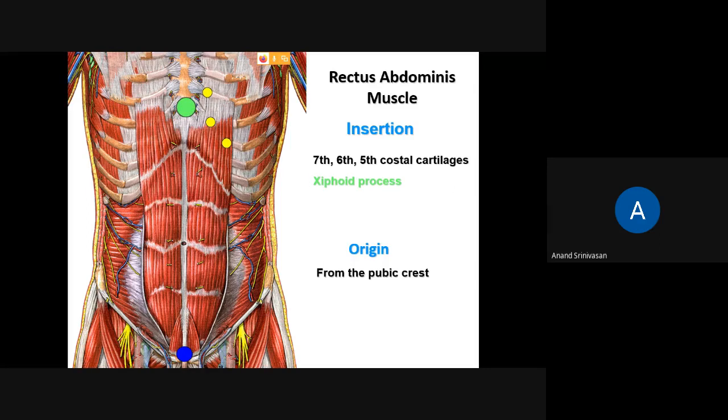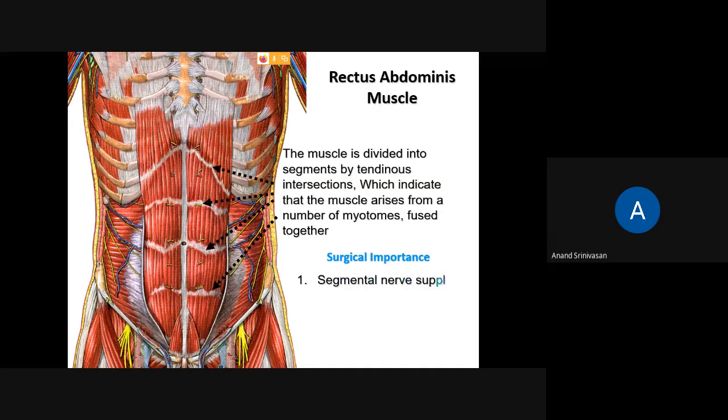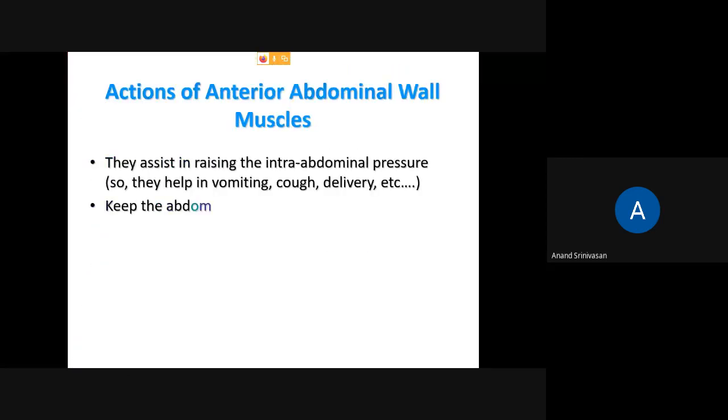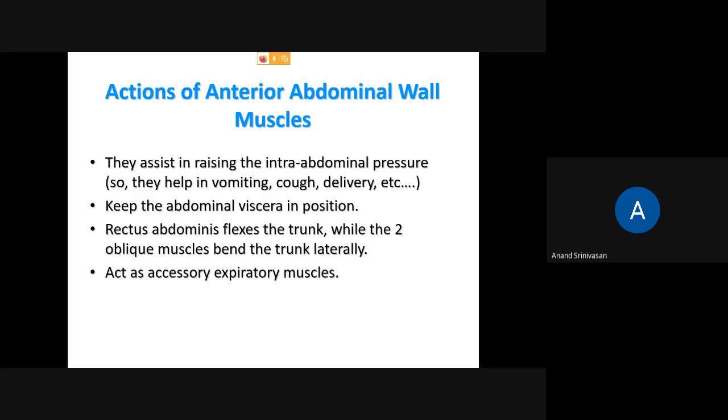Those are the origins and insertions. The main actions of the anterior abdominal wall muscles are to increase the intra-abdominal pressure, especially in weightlifting.